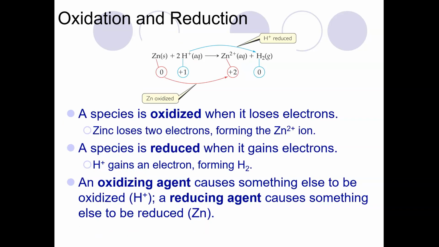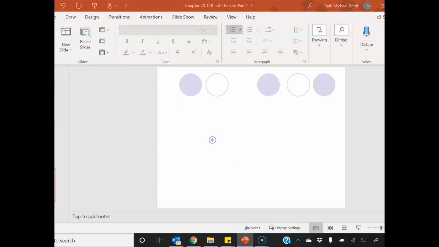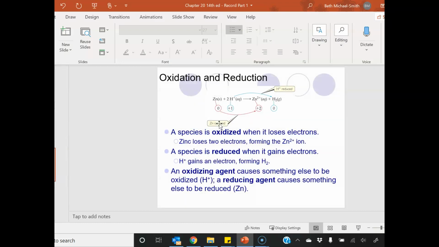Okay, so our review. It's kind of some vocab stuff. We already talked about what oxidation was and what reduction was. But in electrochemistry, there's a lot of words that mean the same thing. So I'm going to add to that, which actually means I should have thought of this for sure.